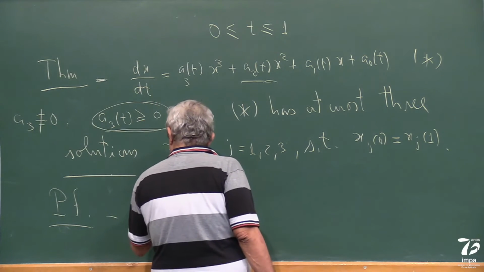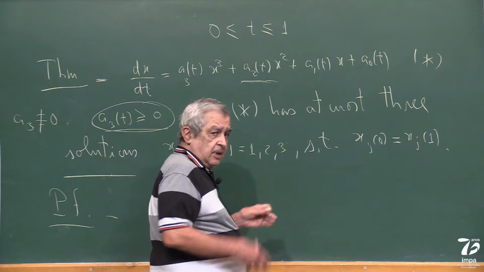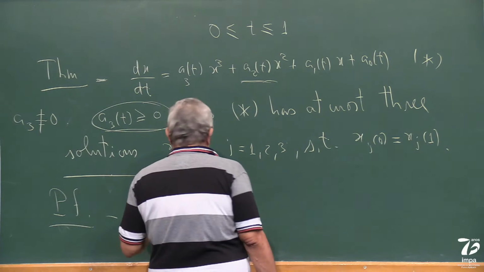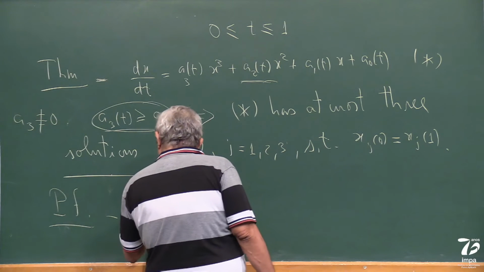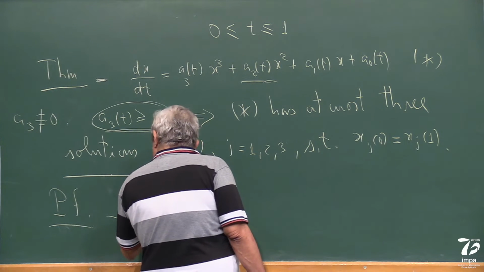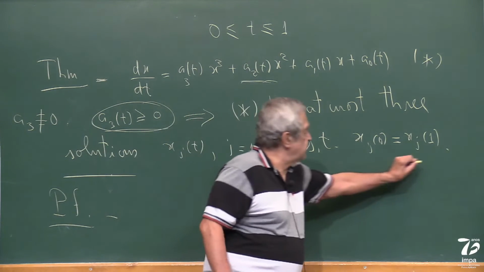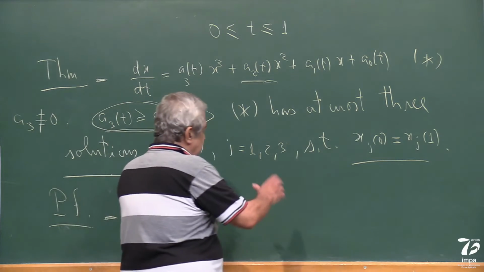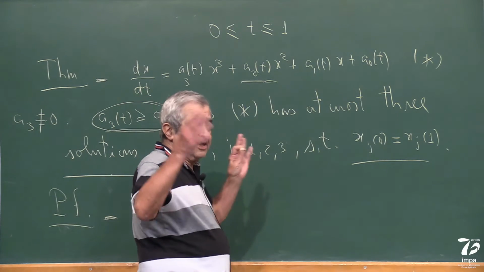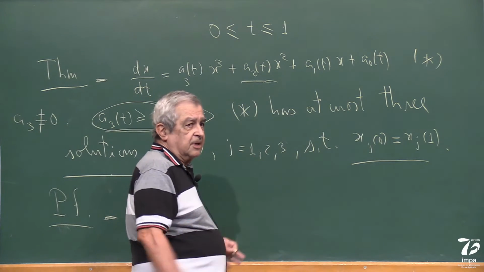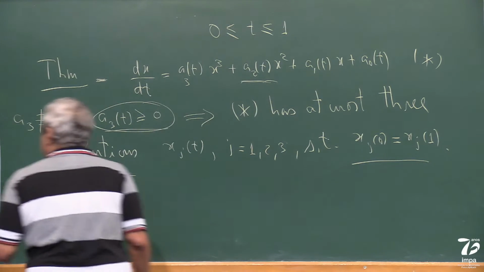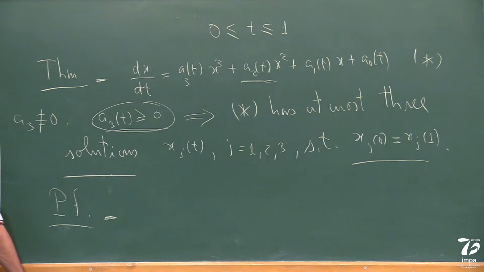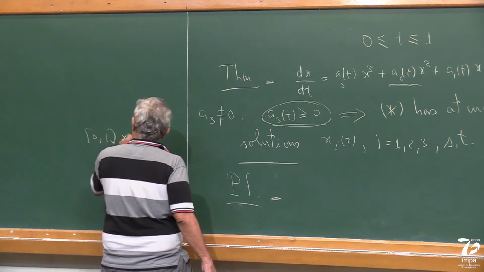So suppose you have 3, and I will prove that no other solution is closed. I call it closed if it satisfies this condition. So it's like an equation on the cylinder, 0, 1.